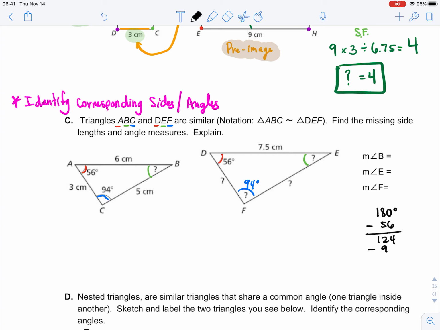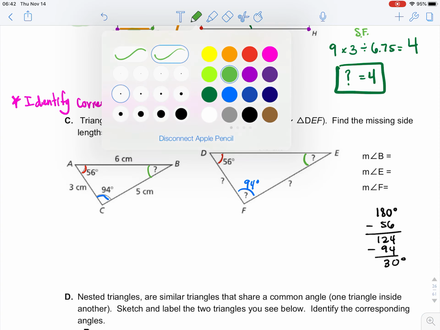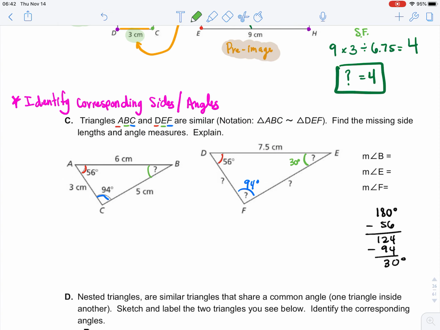And then we used up 94 degrees, 124 minus 94 is 30 degrees. So this one should be 30 degrees. So B and E are the same, and F matches C, which is 94 degrees.